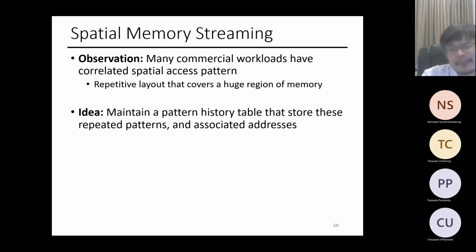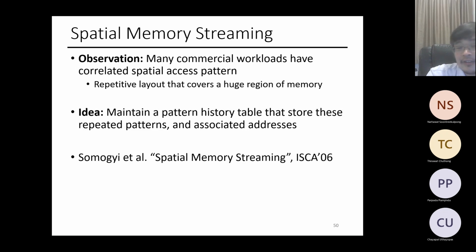The idea is, can we maintain a pattern history table that stores the repeated pattern and its associated address? This idea was proposed by Stephen Somogyi at ISCA 2006. It's called spatial memory streaming.